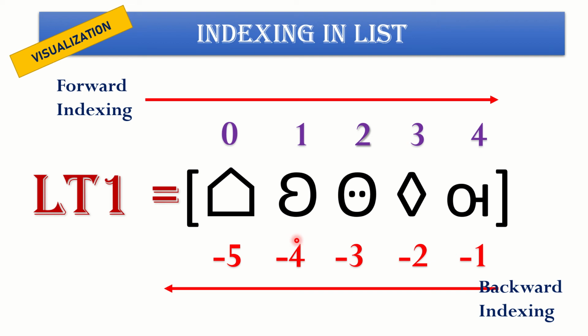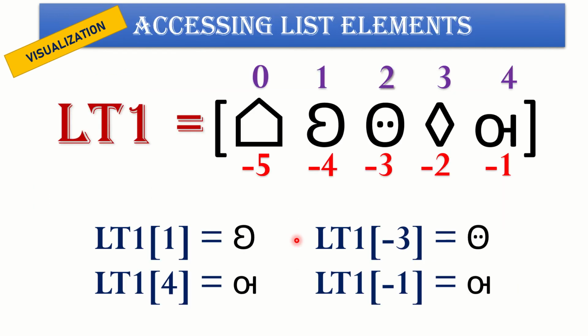Now, let us see how to access the list elements. So if I want to access a particular list element, I will be giving the index value within square brackets. So if you see here, I have a list LT1 and I want to access index value 1. So I have given 1 in square brackets and then it gives me this particular symbol.